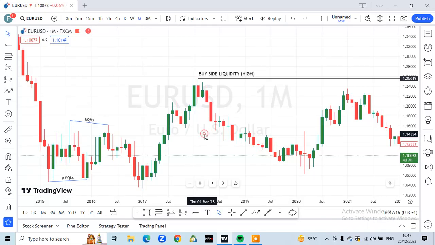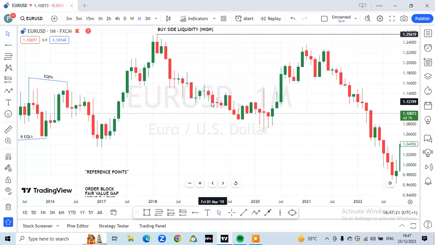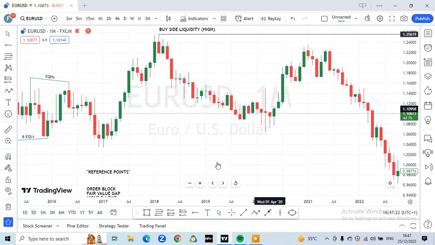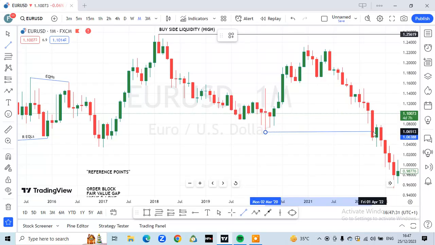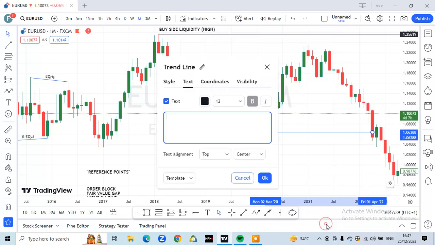So I want you to go through your chart and just mark those points. These are another low. This is another low. Can tag this one as what? If this is buy side liquidity, what will this be? Yeah, you guess right. I like that.